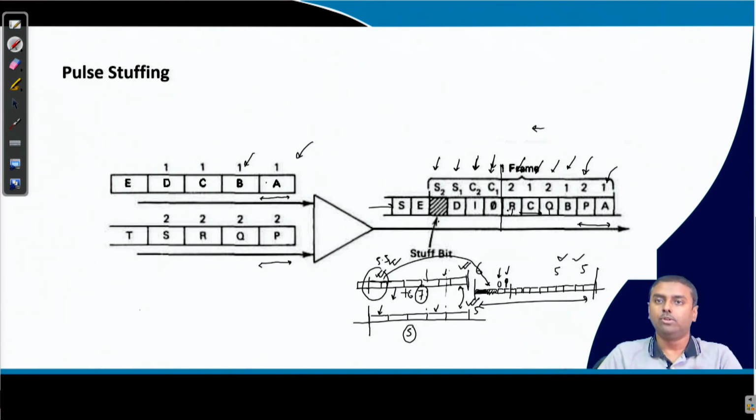So, basically you do not put anything over there, you might put just clock, so that the clock is not getting lost. So, you just put a 1010 sequence probably over there, because this C control bit is already telling that that is a garbage thing. If it is 0, then you do not read that, right. So, you can always do that. So, that is the extra thing you put for pulse stuffing or byte stuffing.